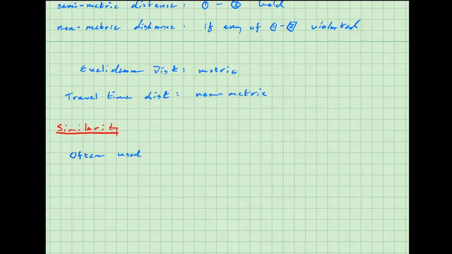Sometimes you get a collection of data, and what you're given is just a collection of distances between observations. Other times you might be given a measure of how similar different observations are in some matrix form. So this is often used instead of distance.